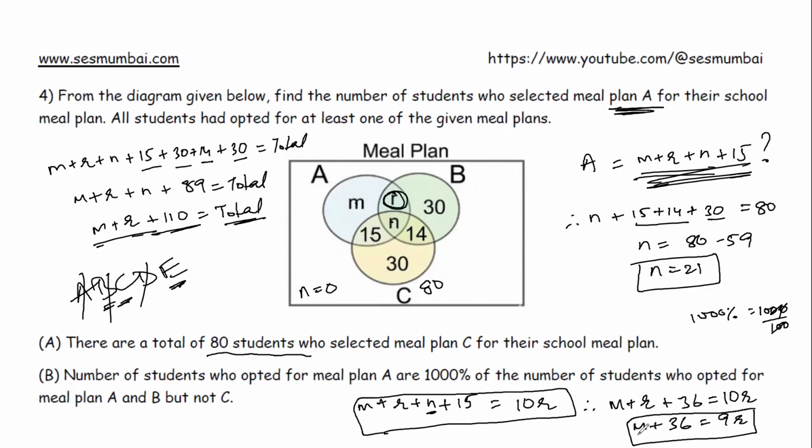And N is 21, so 21 and 15, and M is 9R. If this whole thing is 10 times R, and if this is R, then these three together is 9R, and these include N, which is 21, so M plus 36 is 9R. But yet R we cannot find out. There's no information for R. So C cannot help us. E is the answer.